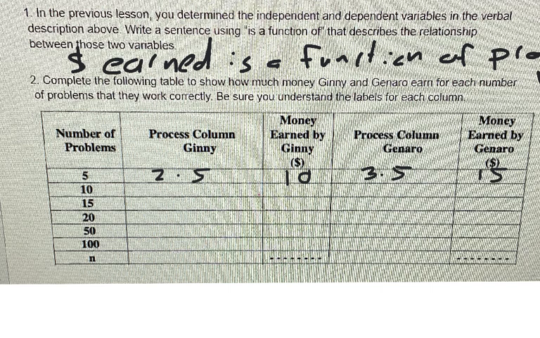Okay, let's do the next one together. What if they worked 10 problems correctly? Jenny would be 2 times 10, which is 20. Gennaro would be 3 times 10, which is 30. Can you fill out the rest of that chart?